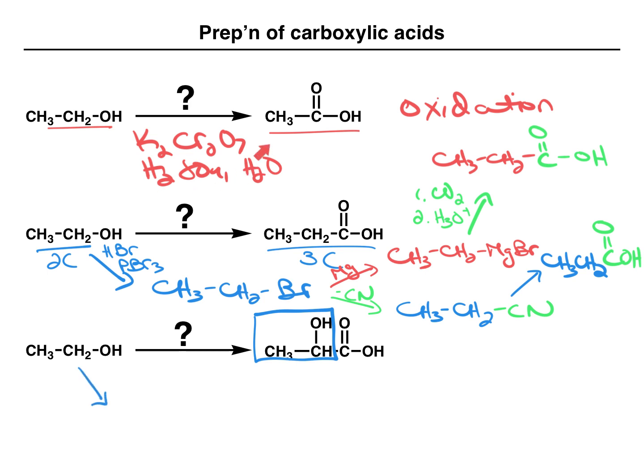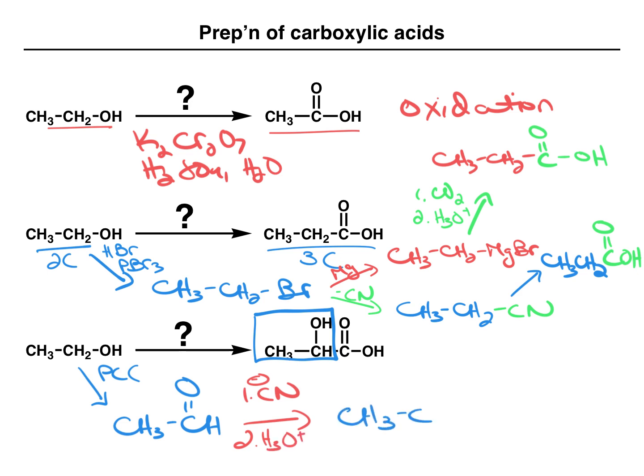We can't do the same thing that we did up here because that would give us the carboxylic acid. Instead, we can use PCC or Dess-Martin or Swern oxidation, and this will give us this aldehyde.